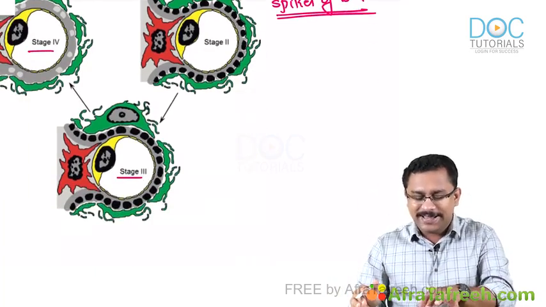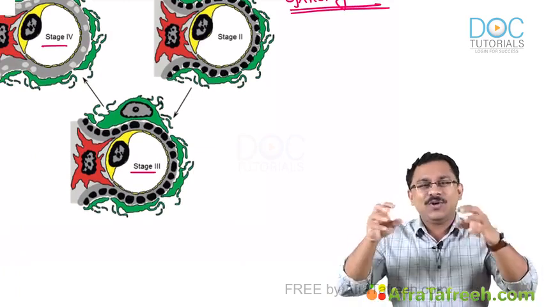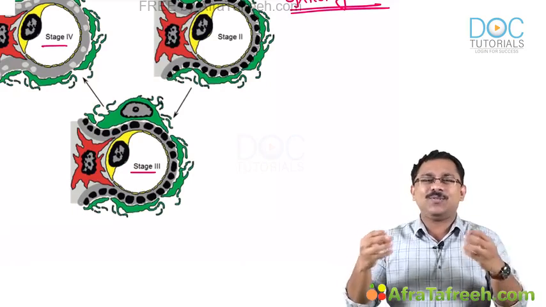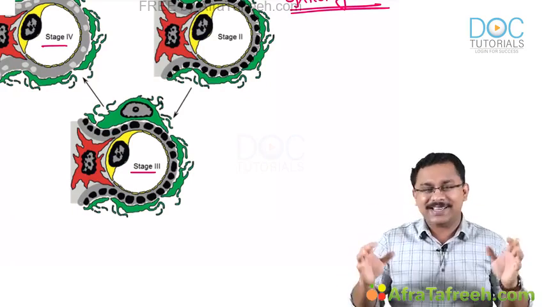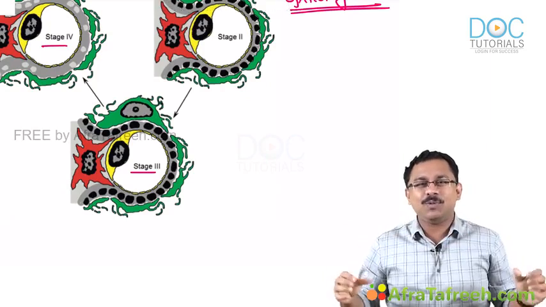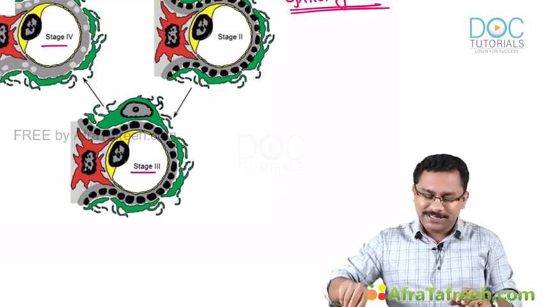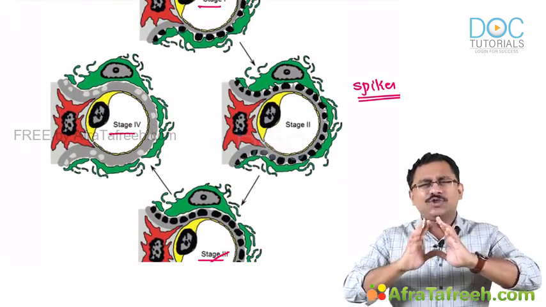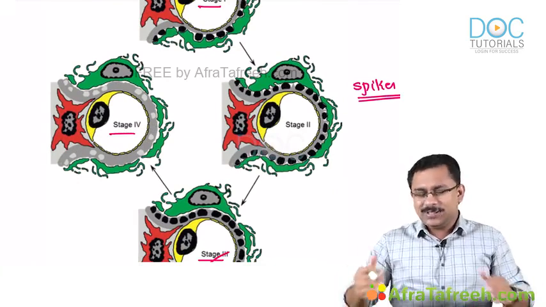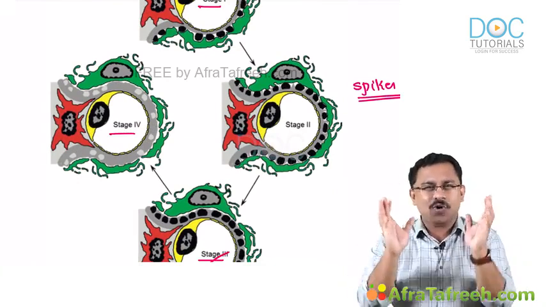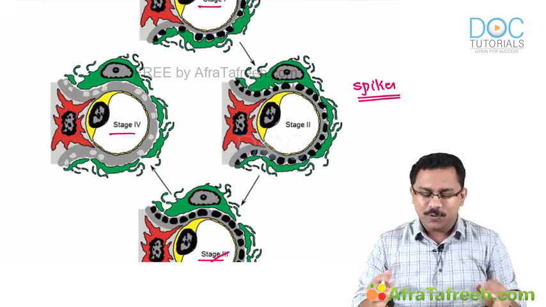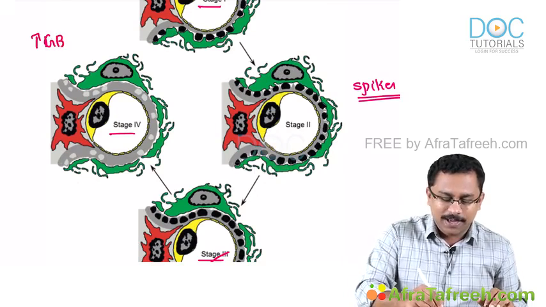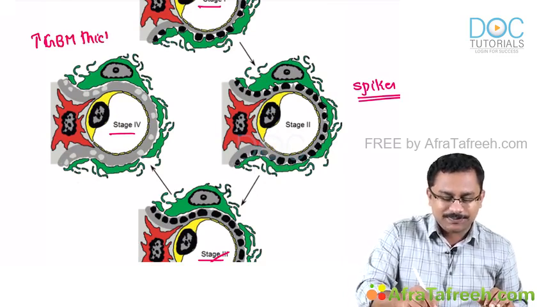And when it comes to stage 3, it is almost like the immune complex deposits are inside the basement membrane. It's almost like intramembranous deposits, and you can see the basement membrane almost covering the immune complex deposits in stage 3. And when it comes to stage 4, the most striking feature, which has started in stage 3, is the increase in the glomerular basement membrane thickness.